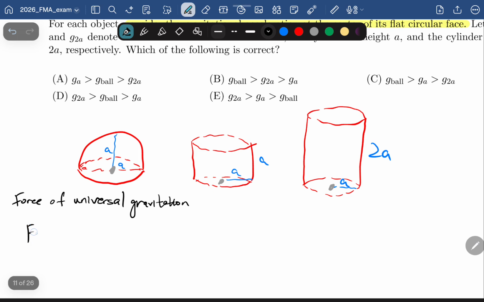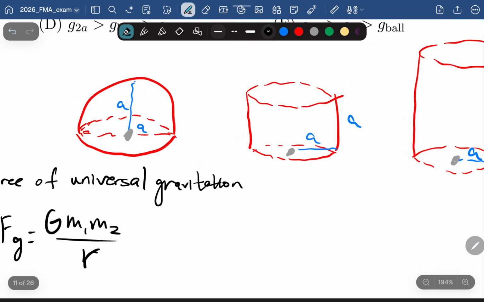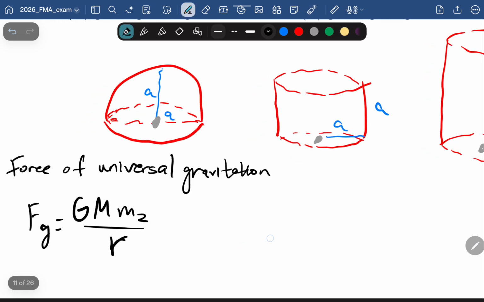So it was Fg is G, the constant, m1 m2 over r squared. In this case, this mass is the mass of the whole solid, and this mass is just the mass of an arbitrary point of the solid.